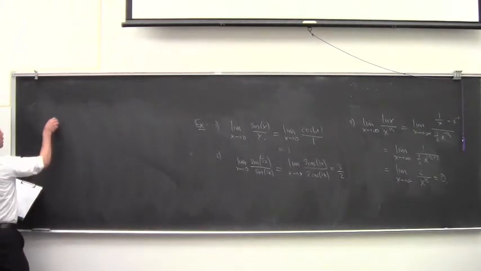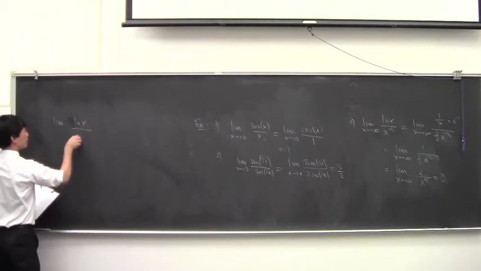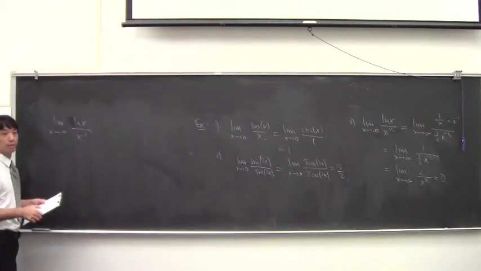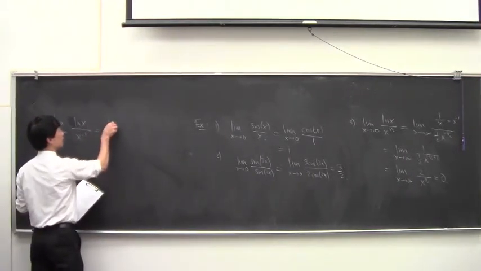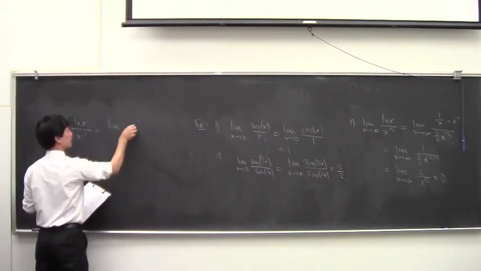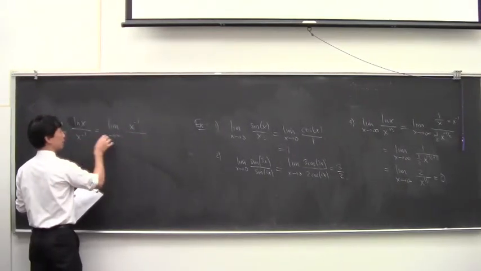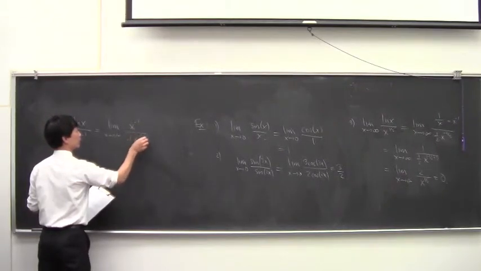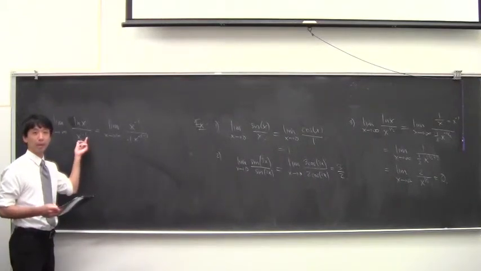What if I had natural log x over x to the 0.1, say? What's going to happen there? Well, again, the derivative of natural log x is x to the negative 1. The derivative of this guy is going to be 0.1 x to the 0.1 minus 1, by the power rule.